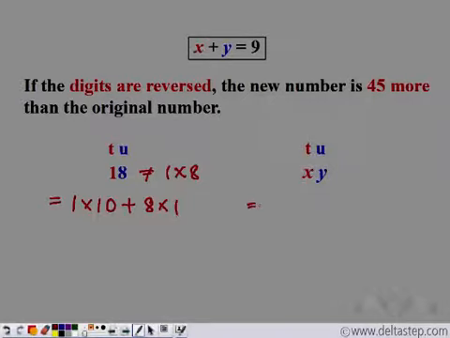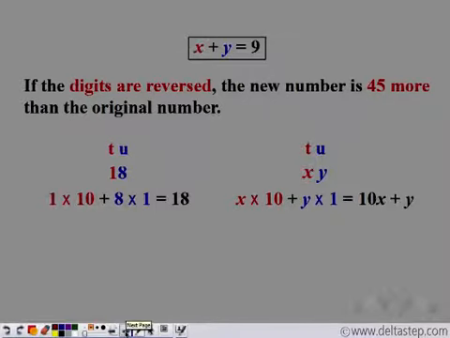The tens digit is x, so we write x into 10, plus the units digit y into 1. So this gives us 10x + y. This is the number which I have thought of.